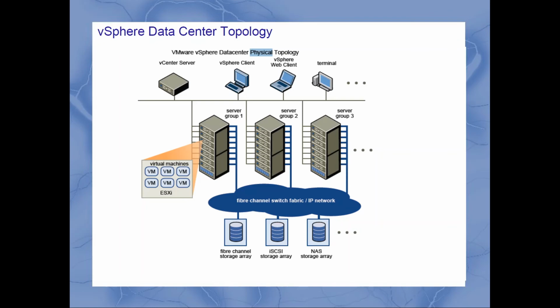Now predominantly the industry has shifted towards a Linux based virtual center. Below we see ESXi servers running multiple VMs depending on their configuration, and in the bottom part of the picture we see each of the ESXi hosts has access to either fiber channel or iSCSI, NFS or NAS storage arrays.